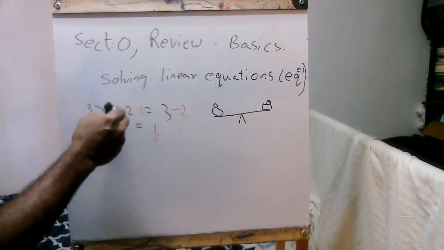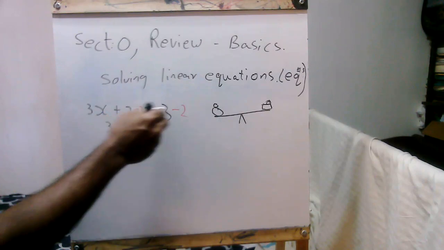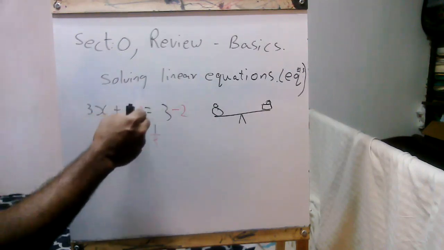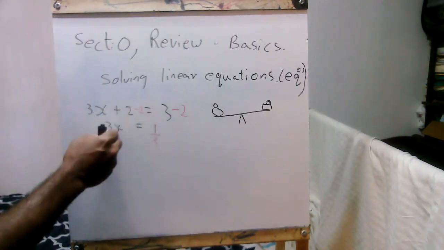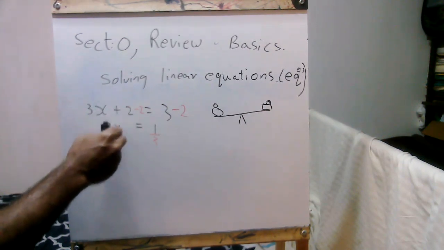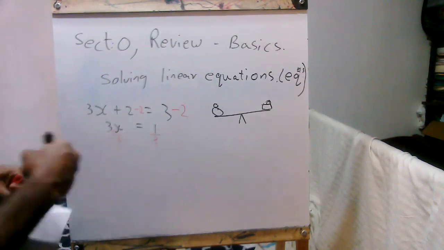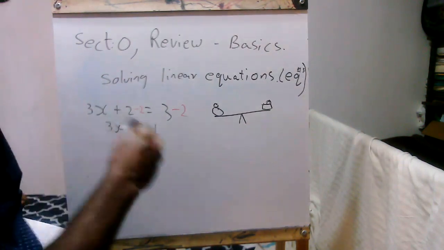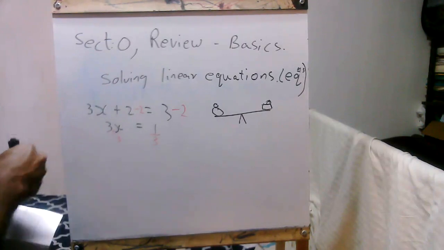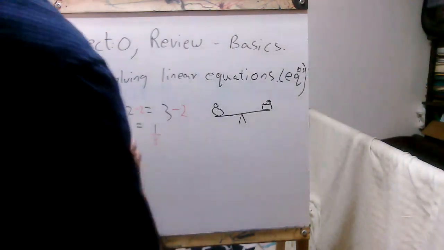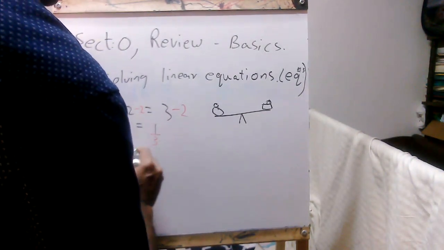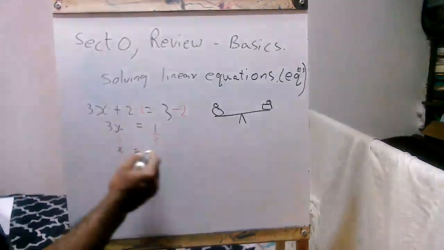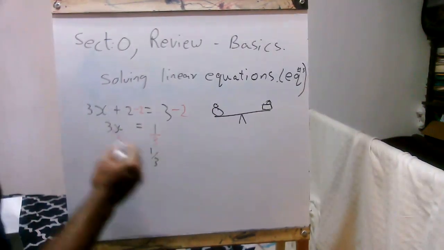Here the 2 adds to x, that's why we did minus 2; the inverse operation of plus is minus. Between 3 and x we have multiplication, so we do division. Then we get the answer: the 3s cancel out, and x equals 1/3.